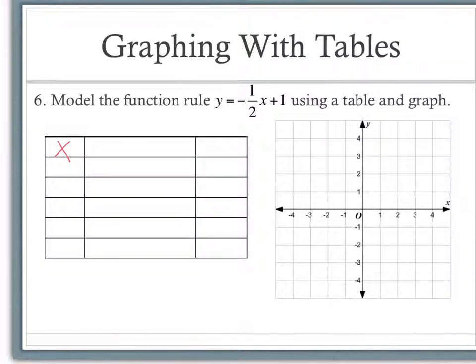We'll have our function in the middle, which will give us our y values. And finally then we will have our ordered pairs. So in the last column we'll write our x, comma, our y value. And then we can plot those coordinates.